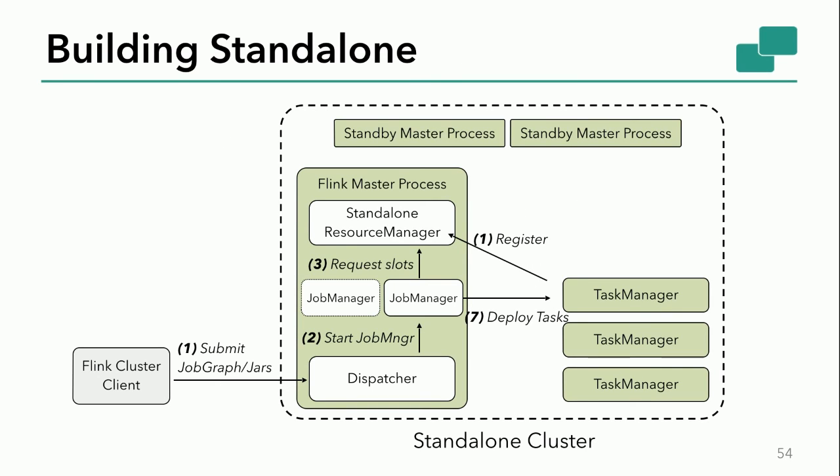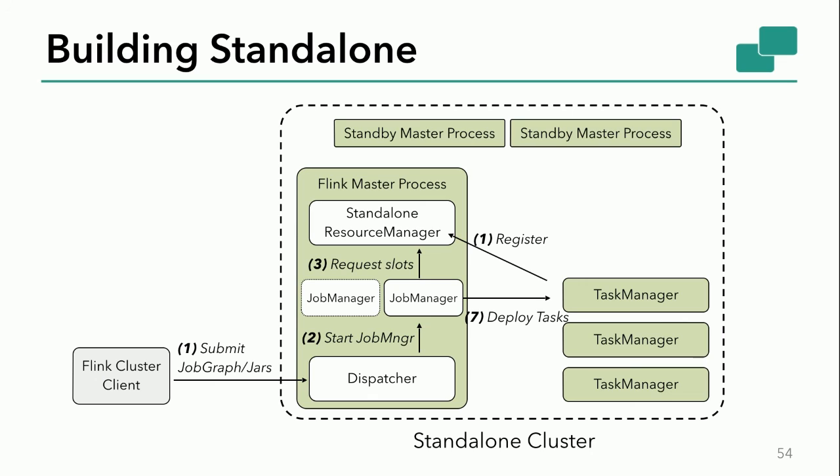We can also rebuild the standalone story in a very analogous way. Here what we imagine is, and I say imagine because we haven't really done this yet, I think, two kinds of processes, the Flink master process and task managers. The master process can hold a very simple dispatcher, the job manager, and a very simple standalone resource manager. This resource manager is just accepting the task managers that register themselves.